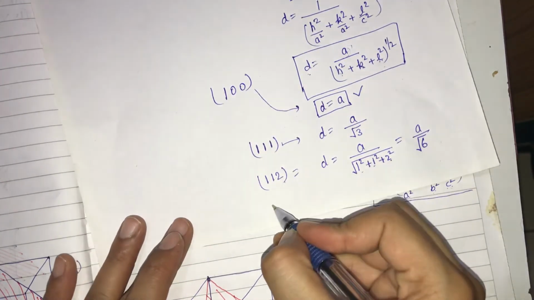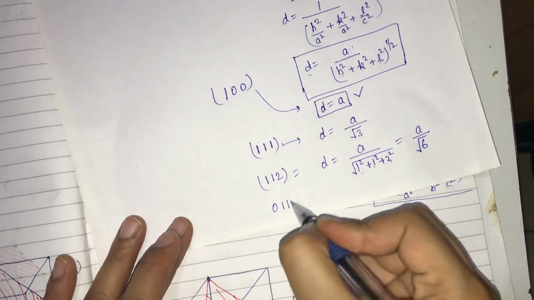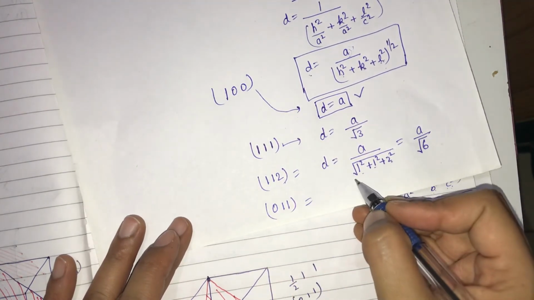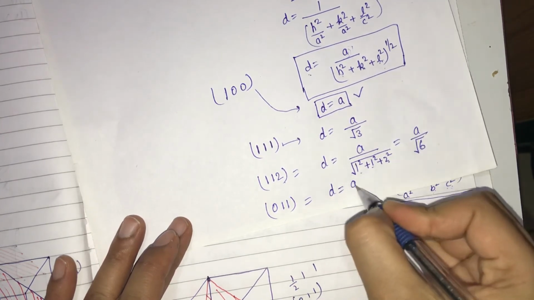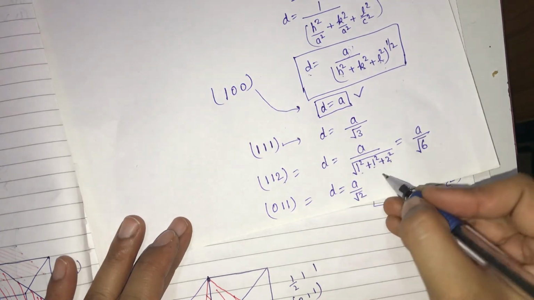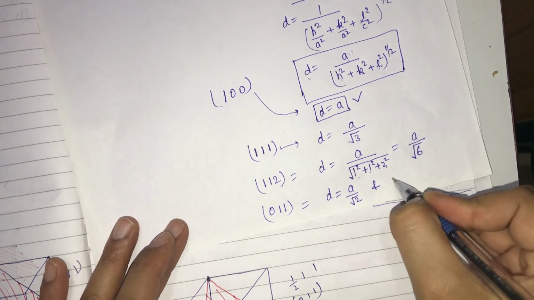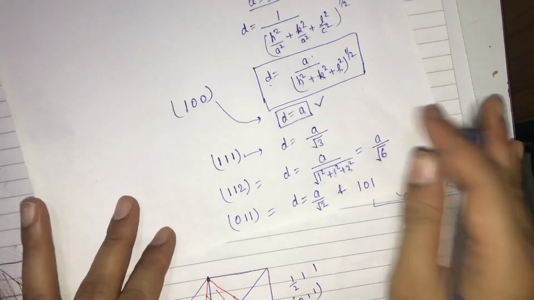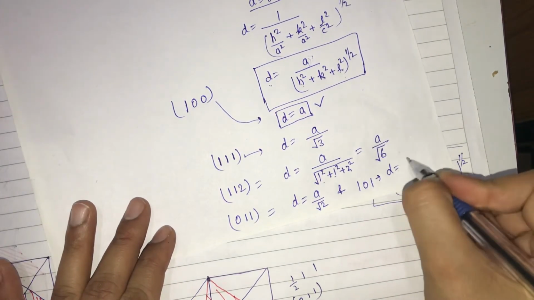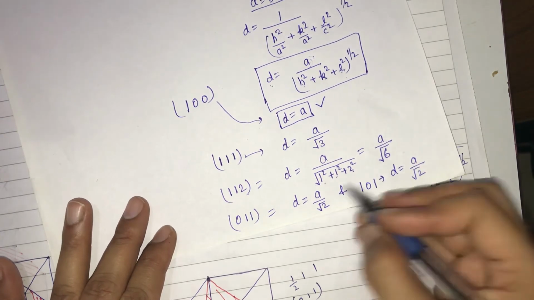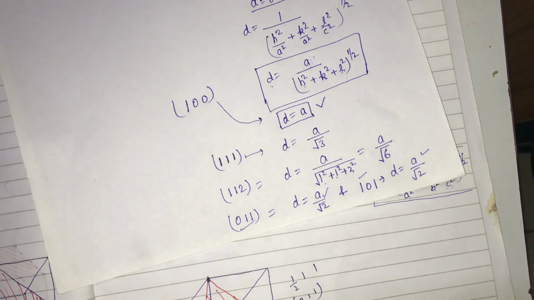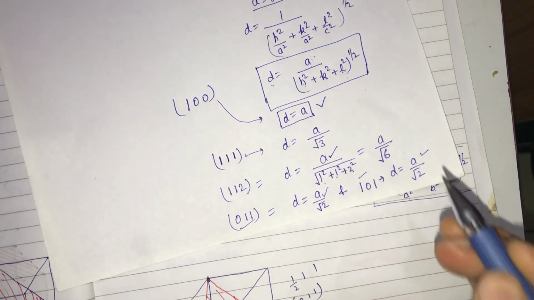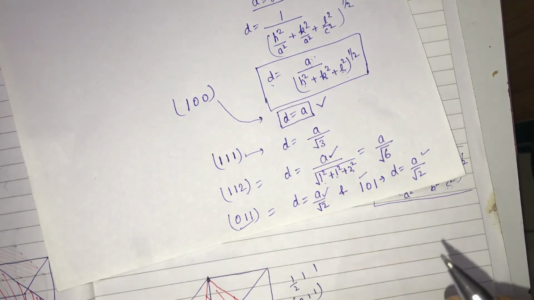We can consider some other examples, like if 0, 1, 1 is the plane, then the interplanar spacing will be d equal to a over under root 2, and if this is the 1, 0, 1 plane, then d is equal to a over under root 2. These both are the same. So in this way we can find the interplanar spacing or the lattice parameters if this is a cubic system.